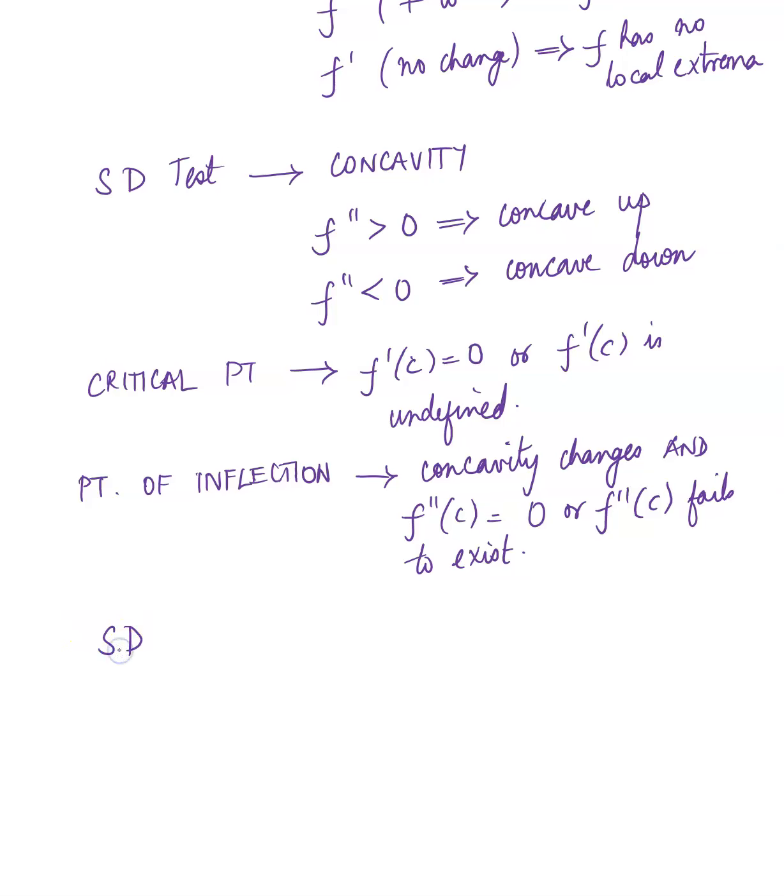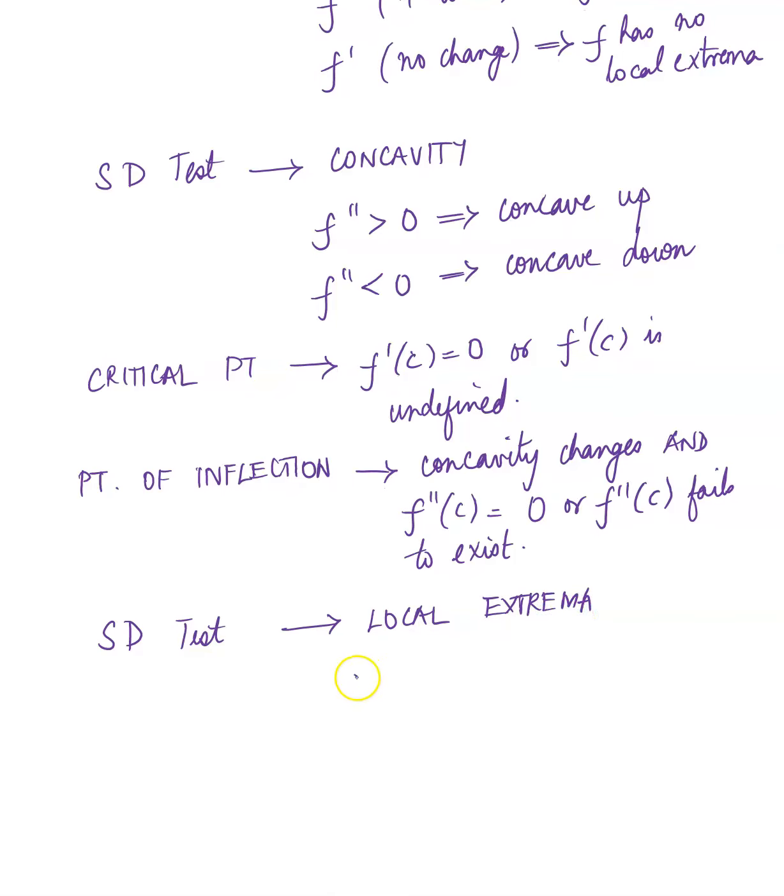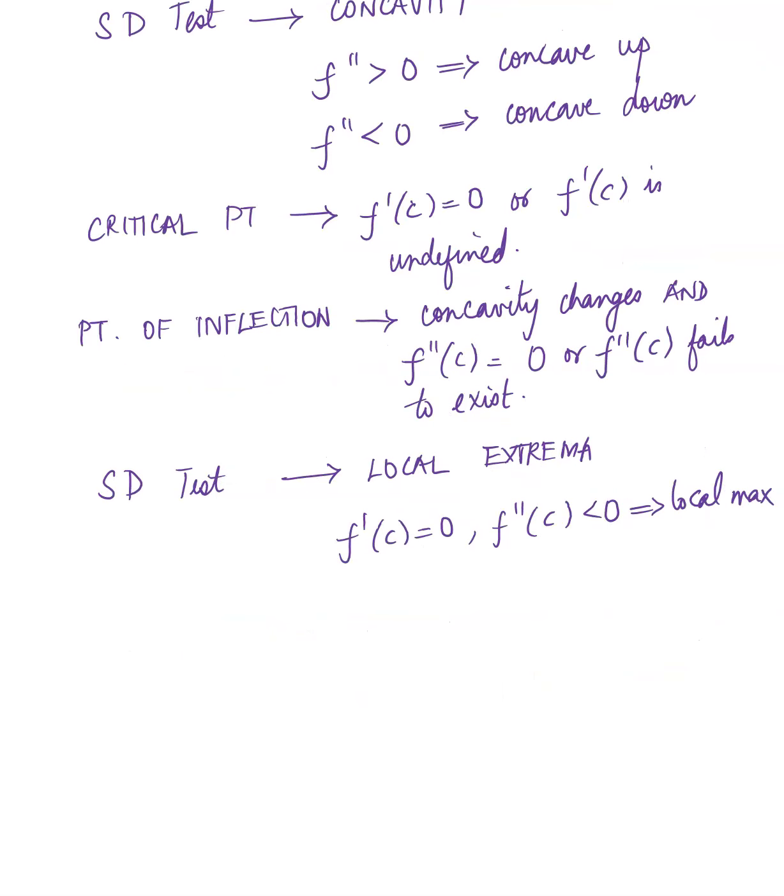Then we have the second derivative test. This time it is called local extrema, the one that we just saw. And this one says if f prime of c equals 0 and f double prime of c is negative, it implies local max. So it's basically combining the first derivative and the second derivative.